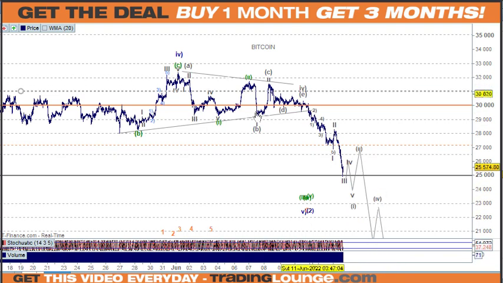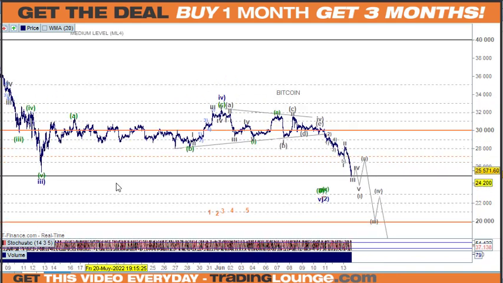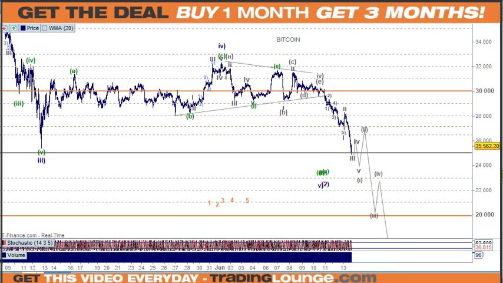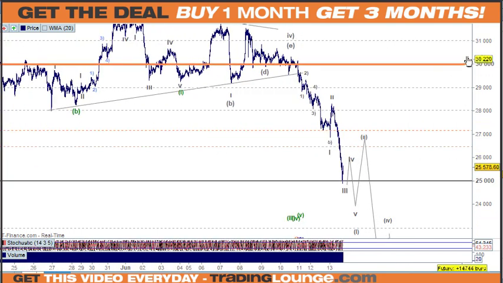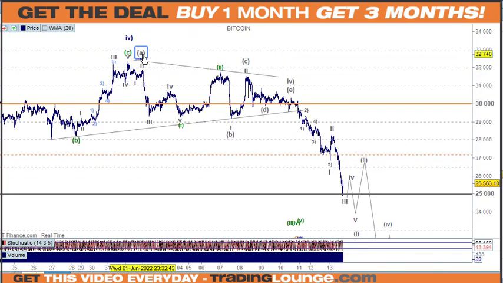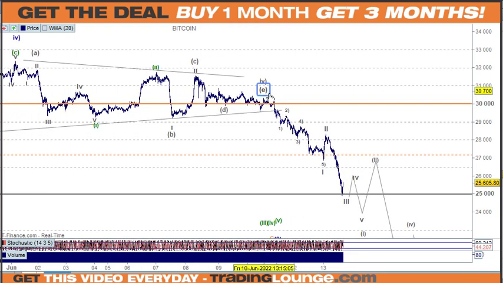If, however, we have to go with the triangle pattern, which would see this here as an ABC for just the A wave at this point, because really all of this is part of the same leg. So that would just be the A wave to that point, and then we would need the A, B, and C for the B wave here, and then the C wave and the D wave, and then an A and a B and a C here for the E wave sitting on this point here.